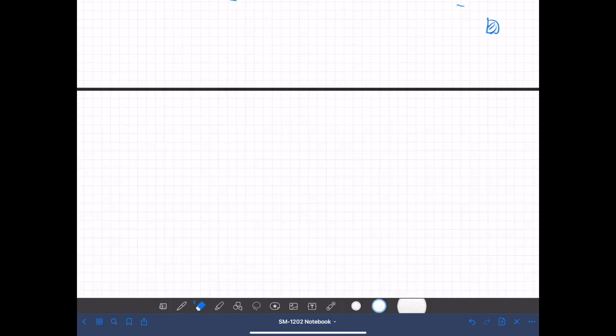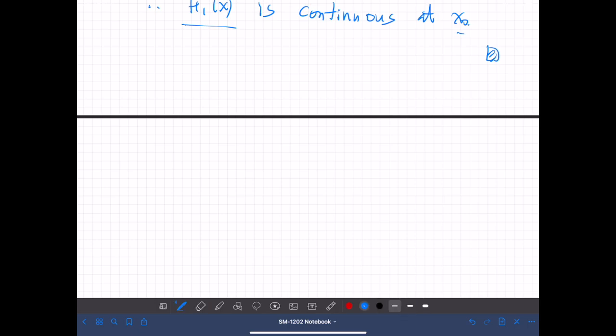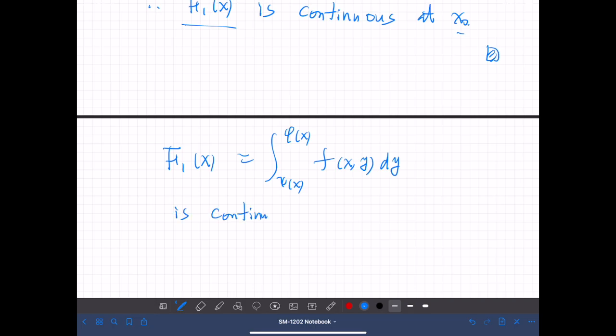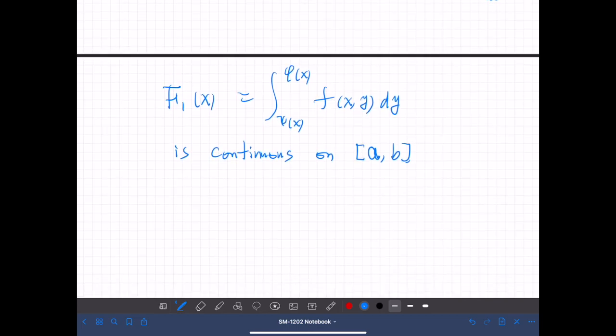Now we know that this function f1 of x defined as this is continuous on the interval between a and b. So it is integrable.